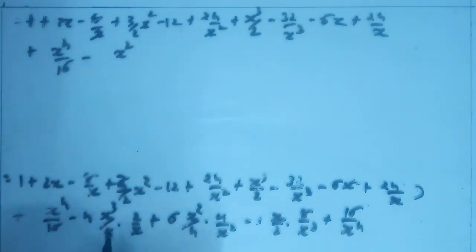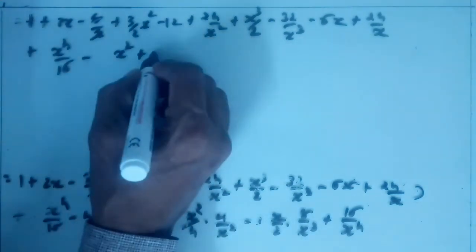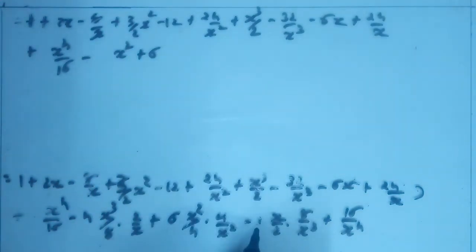Here 4 to 8 it cancel, that is minus x square, plus here 4 cancel, x square cancel, that is plus 6 minus here x upon x raised to 3, that is x square, and 8 upon 2, that is 4.